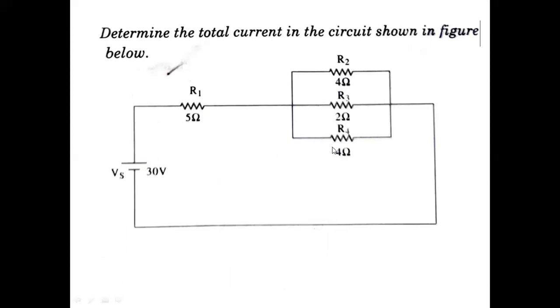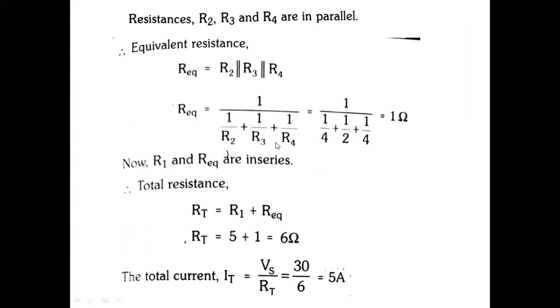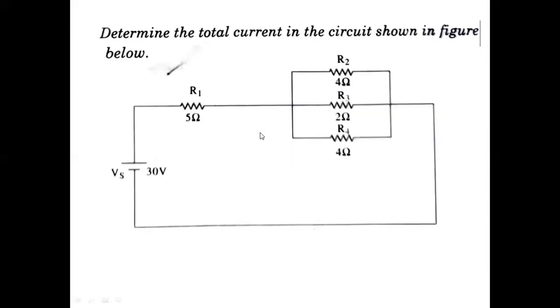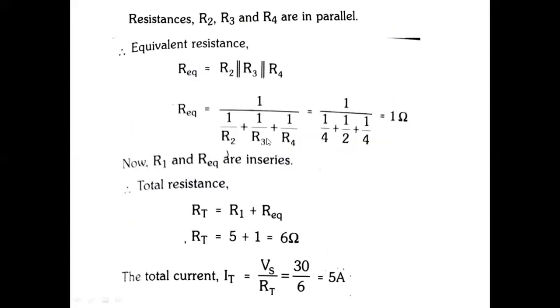So find the equivalent resistance. 1 by R equivalent is equal to 1 by R1 plus 1 by R2 plus 1 by R3. That is equal to 1 ohm.